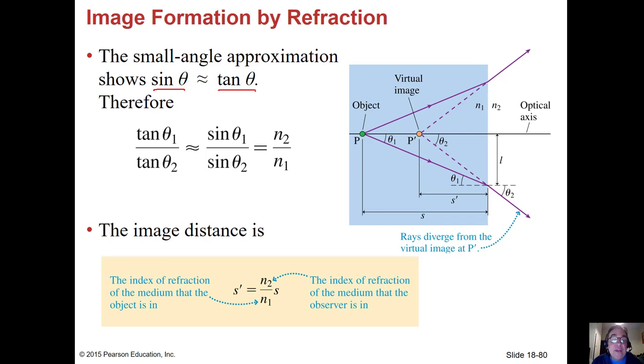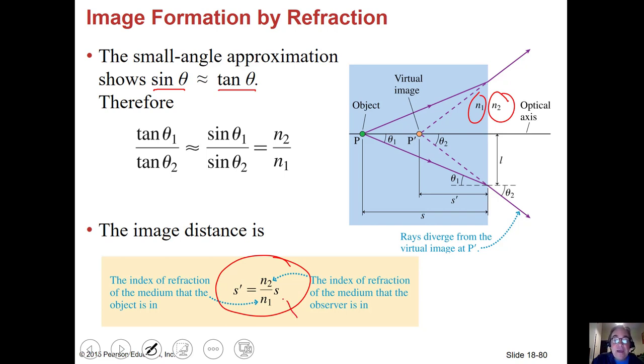Okay, so using that approximation, finally you come up with this. S prime is the image distance. It's equal to n2 over n1. Those are the indices of refraction. n2 is out here, n1 is in here, and then times the object distance. So the object distance is S. Okay, and then you can see that the image appears closer.